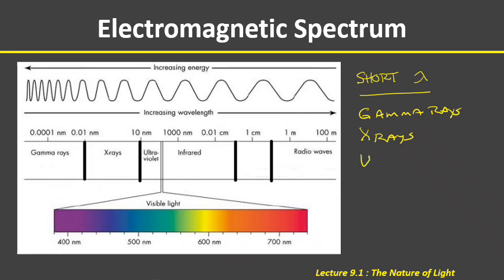We'll come back to UV. And then we've got ultraviolet, and then visible light. Visible meaning visible to humans, right? Some things, bees and such, can actually see UV.